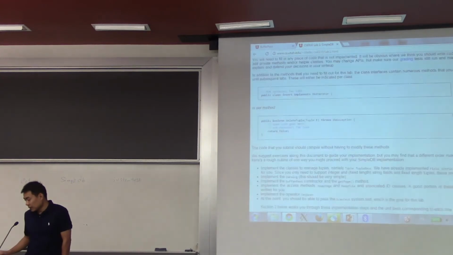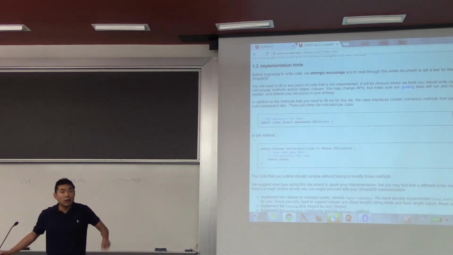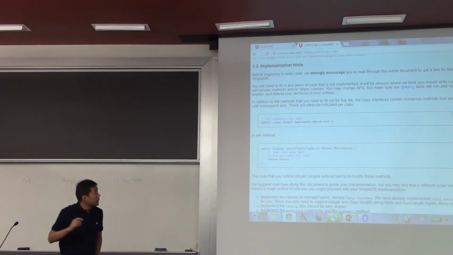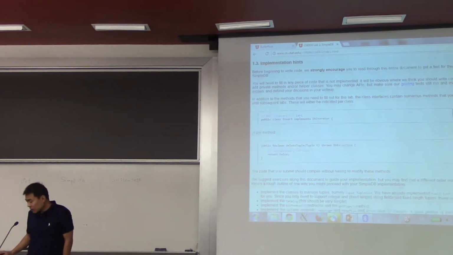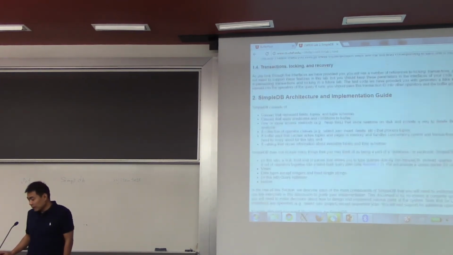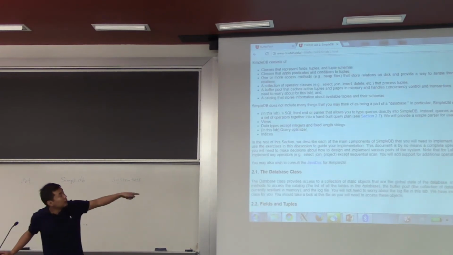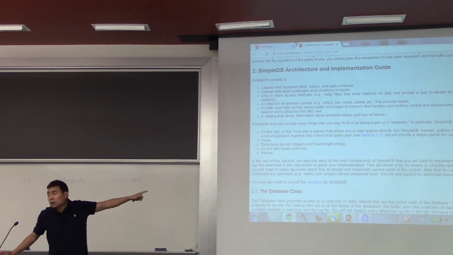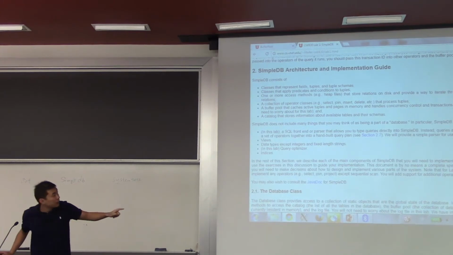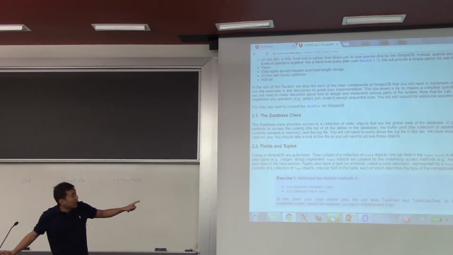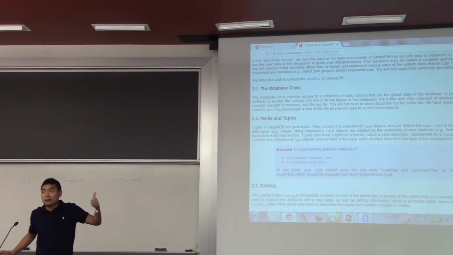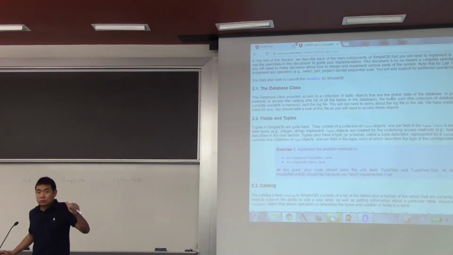And then here are the implementation things for lab 1. What you will be doing is to follow this instruction closely, step by step. What lab 1 asks you to do is to implement the catalog, which is to store the schema information.